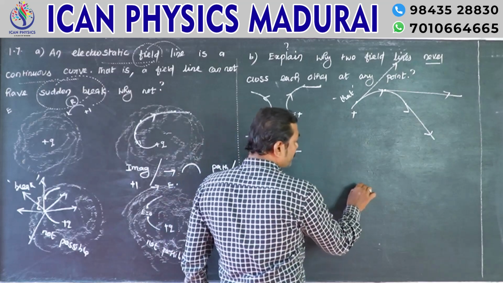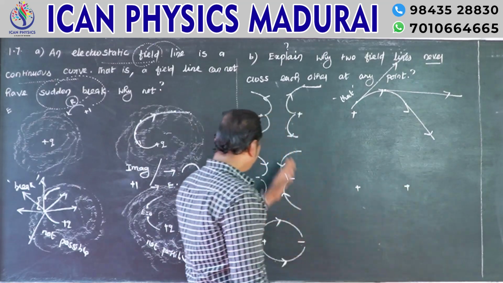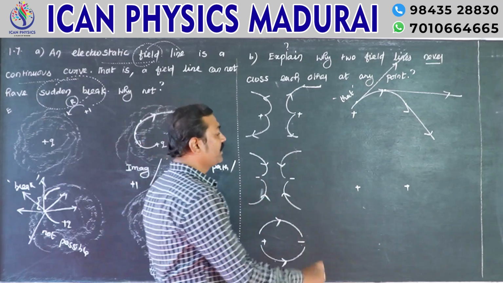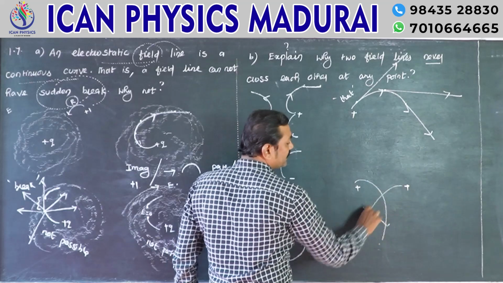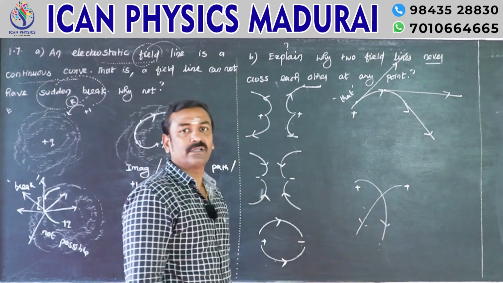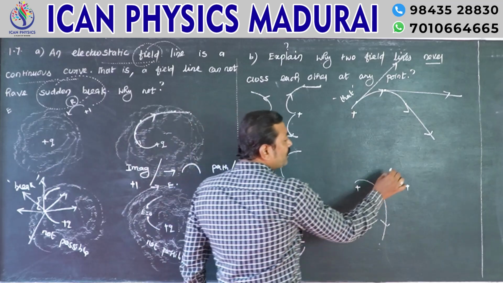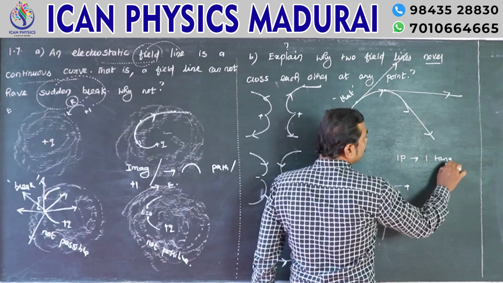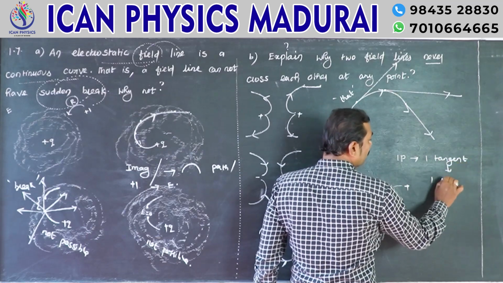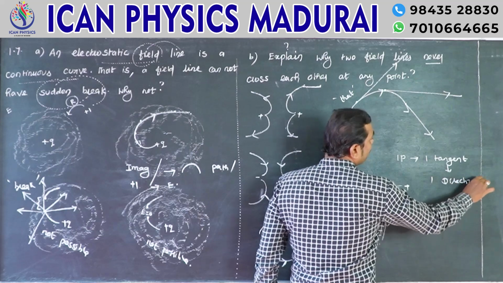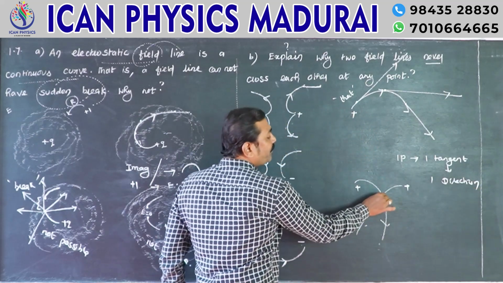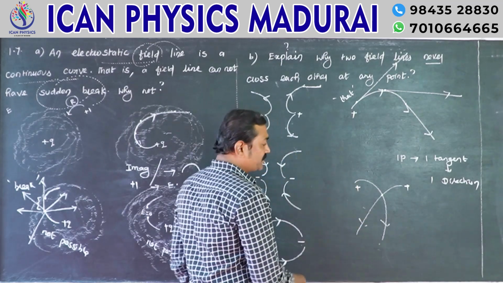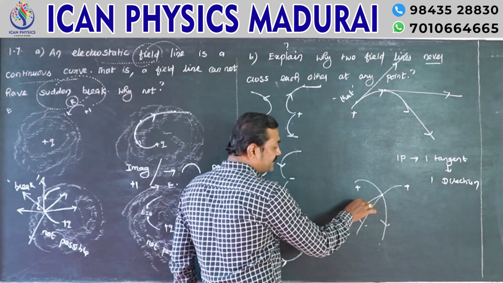Suppose positive, negative, positive, any of the cases you can take. Suppose electric field lines like that intersect at a point. At a point, we can draw one tangent, which gives one direction. At that point of intersection, we can draw only one tangent. Suppose that tangent is acting in this direction.